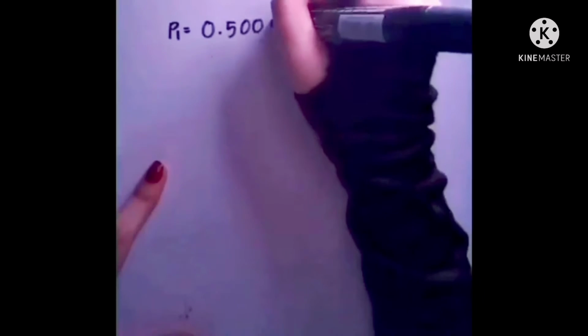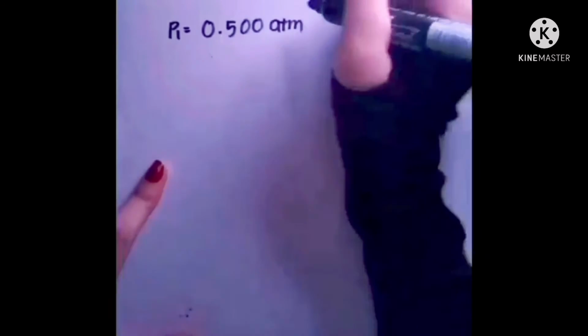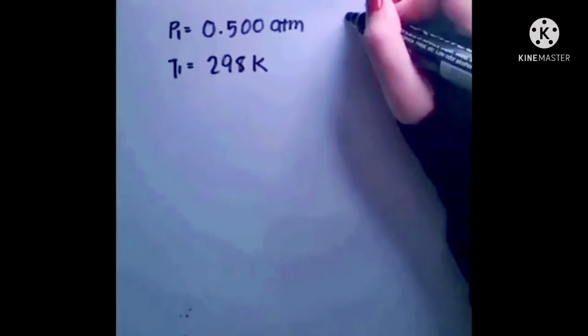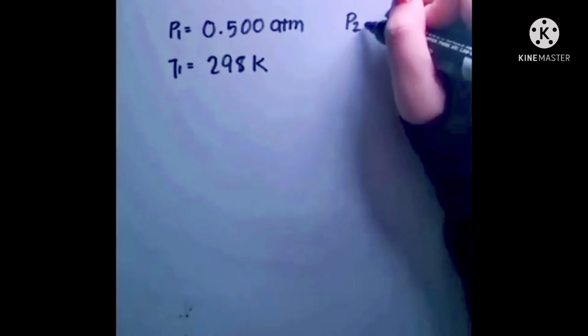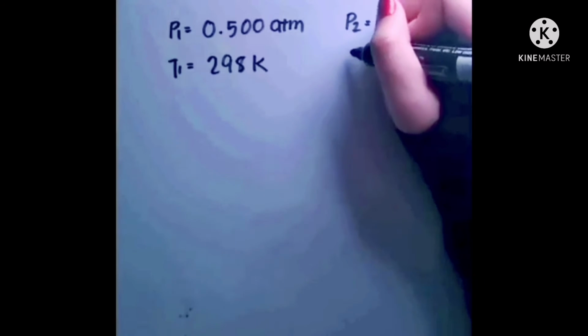So, P1 is equals to 0.500 ATM. T1 naman natin ay 298 Kelvin. P2 is still missing. So, wala pa dyan.